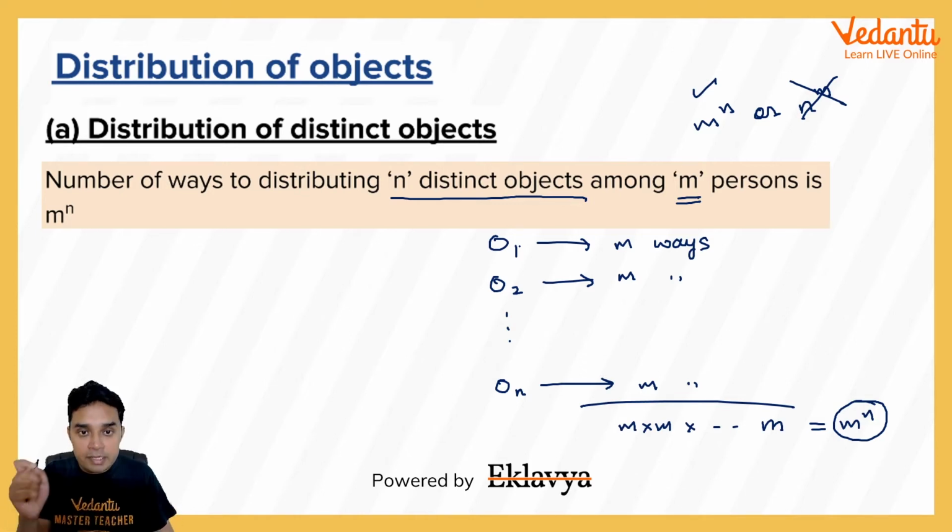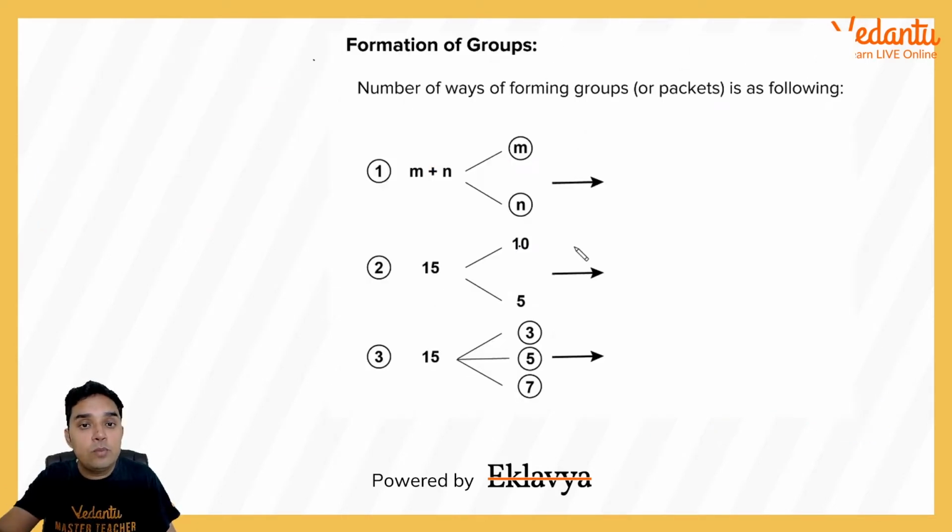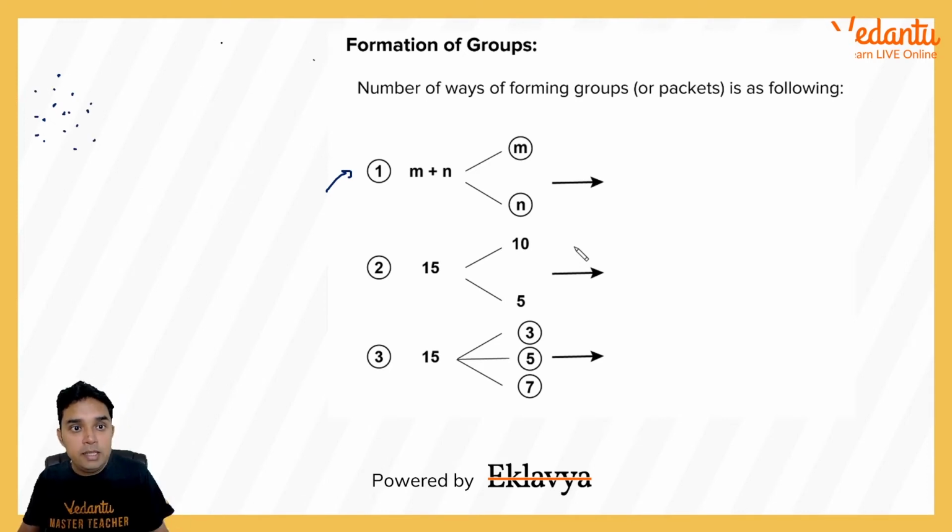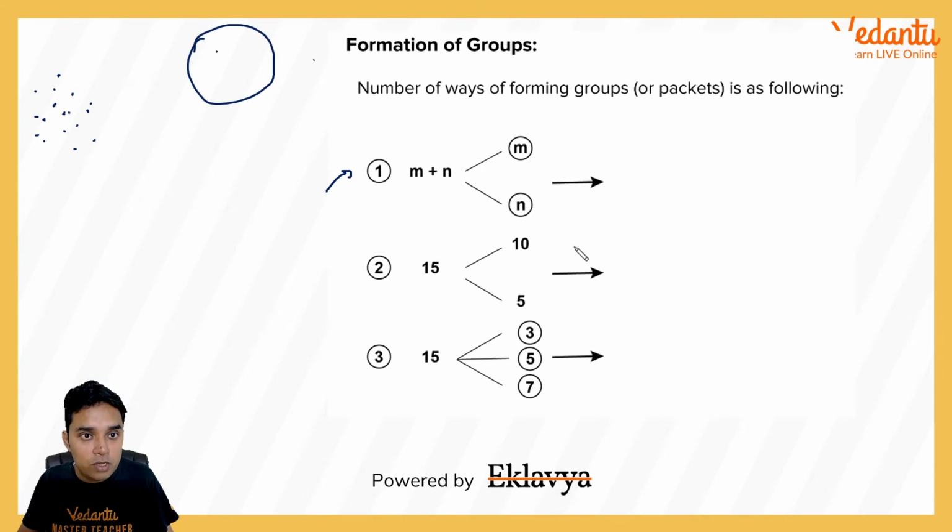So if any restriction is to be applied, then we have to use some other thing that is known as group formation. What is this group formation? Please understand. Suppose we are having m plus n objects. I am talking about this first point. We are having m plus n objects, and we want m objects to go to one person, and n objects to go to the other person.